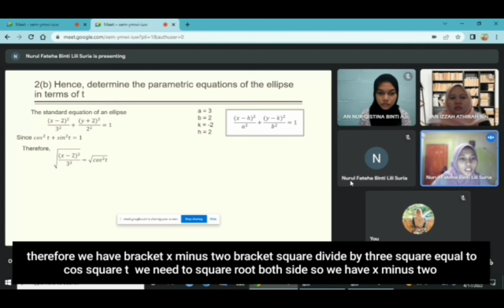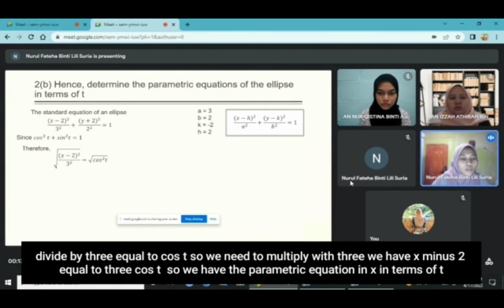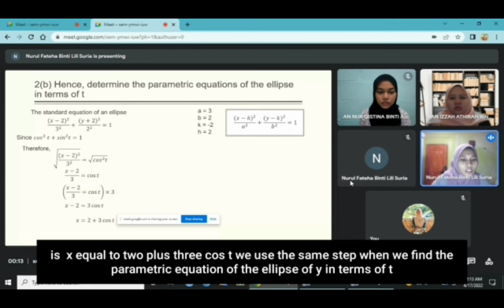We need to take the square root of both sides. So we have (x minus 2) divided by 3 equal to cos t. Then we multiply by 3, and we have x minus 2 equal to 3 cos t. So the parametric equation for x in terms of t is x equal to 2 plus 3 cos t.